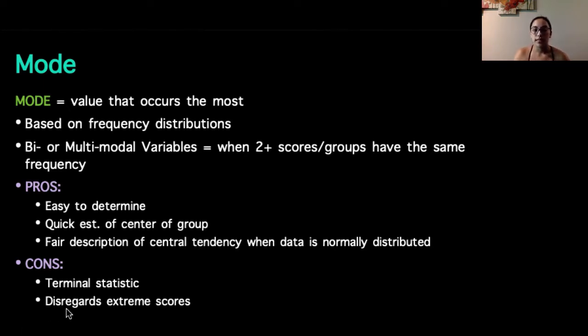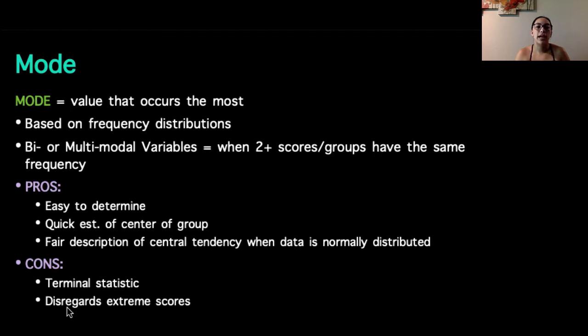The other con is that it disregards extreme scores. It doesn't matter where that highest frequency occurs in the distribution. It could be in the middle, it could be towards the end. We wouldn't know what is on the right or left of that value. So you could have a distribution between 1 and 10. Let's say that 5 is your mode, or your most frequently occurring value, and then you have an outlier of like 69 way out on the upper end, or the right side of the mean.